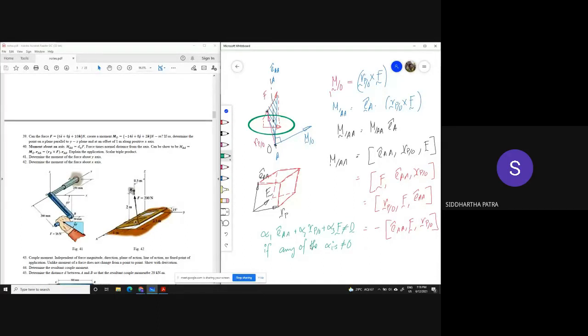The term used in linear algebra is whether or not the three vectors are linearly independent. So this is what is meant by linear independence. If they are linearly independent, the scalar triple product right here would be non-zero.